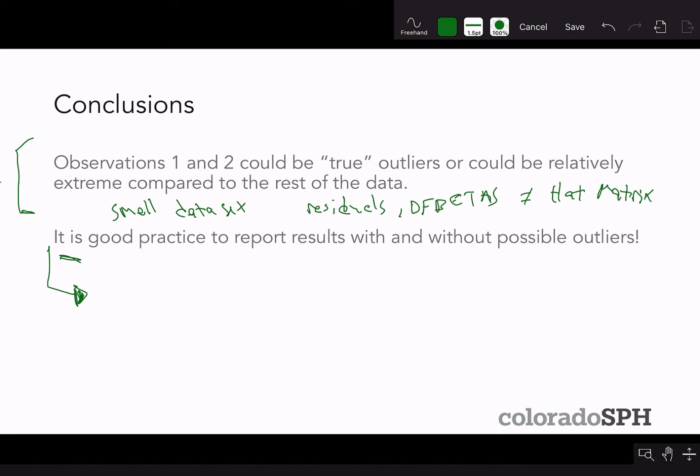Clearly that's not biologically possible, so that point was misentered, and I think it would be okay to delete it. But if you have something that is still within a biologically plausible range but is just different from the rest of the data, I would be very hesitant to delete that point, because it might be just biological variation that you don't want to remove, as it could make your model less reflective of what's real.